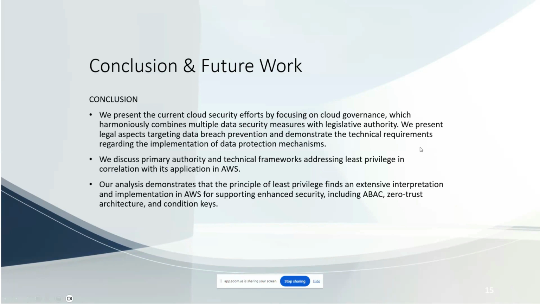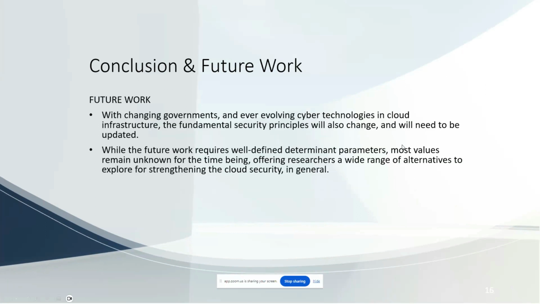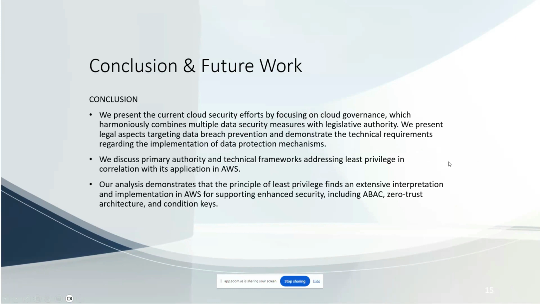Specifically, we discussed the primary authority and technical frameworks addressing least privilege on the example of AWS. Our analysis demonstrates that the principle of least privilege finds an extensive interpretation in AWS, including attribute-based access control combined with condition keys, overall supporting zero trust architecture.